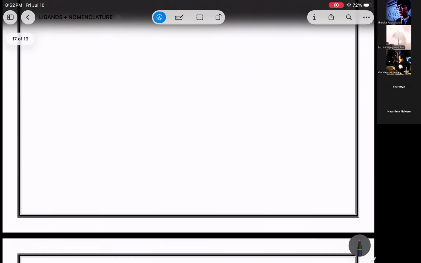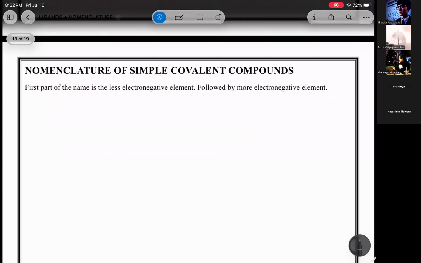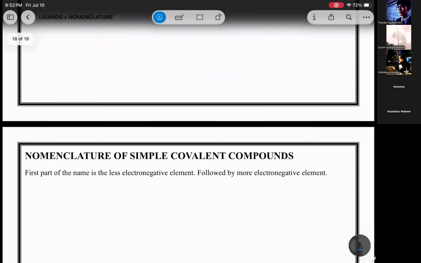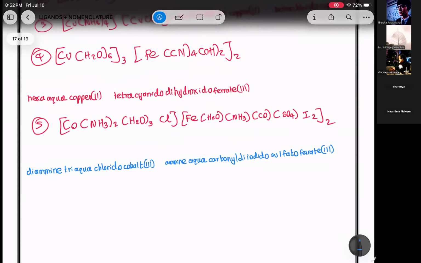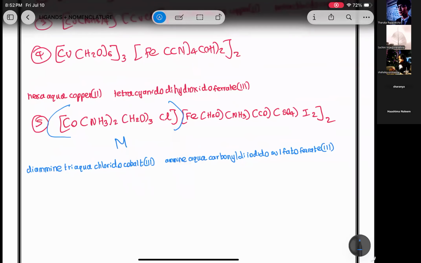Okay, we're moving on. Nomenclature of simple covalent compounds. First part of the name is the less electronegative element followed by the more electronegative element. So how do you know Fe is 3 there? You are knowing that from the valency. Now look at this compound. This big thing I will consider M. This big thing I will consider N. So it's MN2, right?